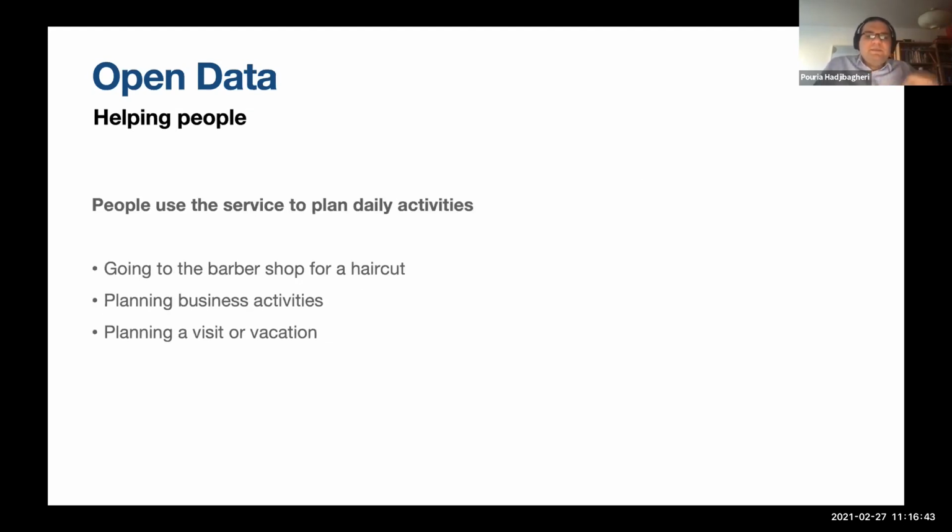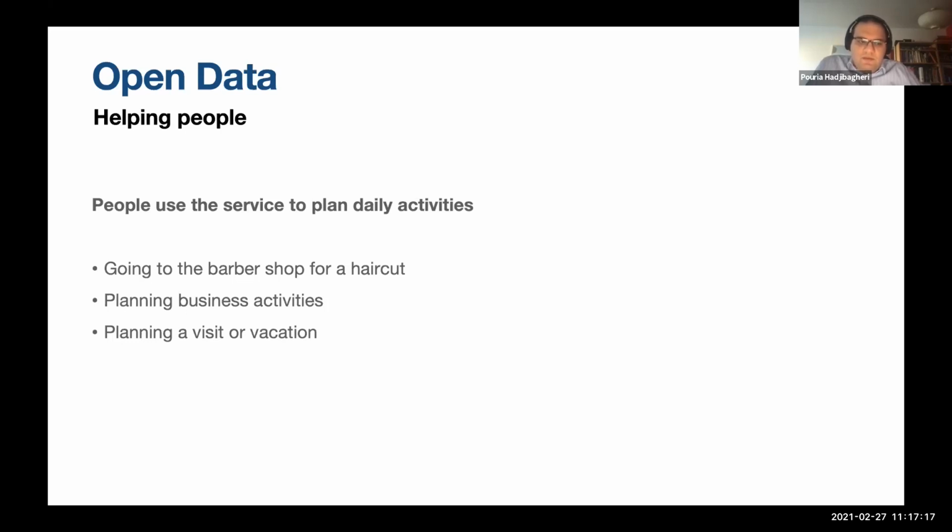And it also helps people make daily decisions, in that people decide to go to the barbershop to have a haircut on the basis of the data that they see on the website. They plan business activities. Someone told me a couple of weeks ago that they saw the rate of cases increasing in several regions, and predicted that there might be either a national lockdown coming or a local one.